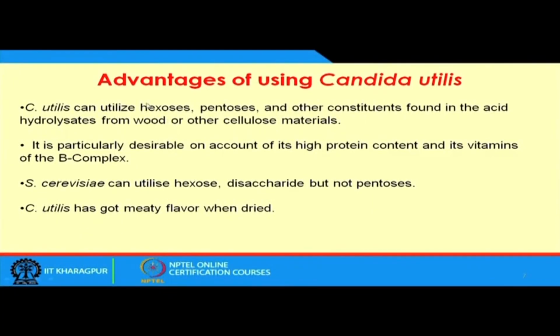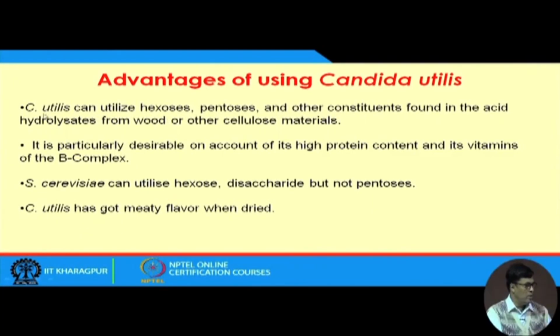That is why we find that waste sulfite liquor is a good raw material for fodder yeast production, particularly for the utilization of Candida utilis. Candida utilis can utilize hexose, pentoses and other constituents found in the acid hydrolysate from wood and other cellulosic material.